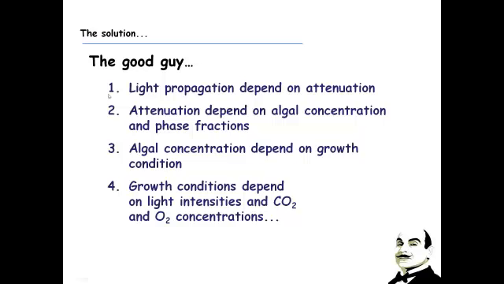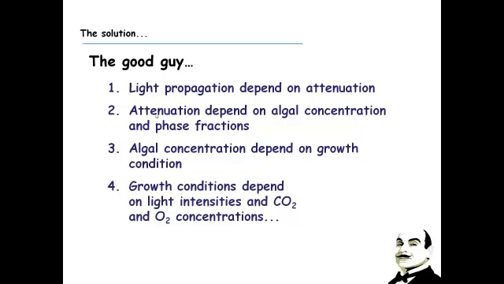So let us see how this could be obtained. The good guy. So let us look. 1. Light propagation depends on attenuation. 2. Attenuation depends on algal concentration and phase fractions: water, gas, and algae phase fraction. 3.